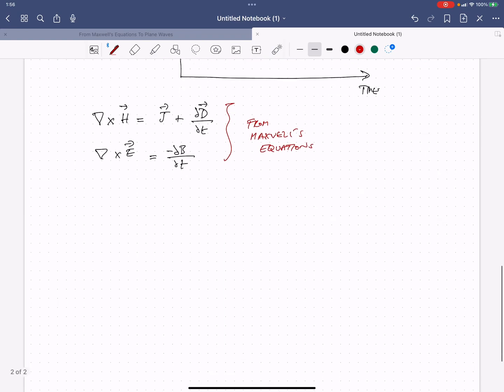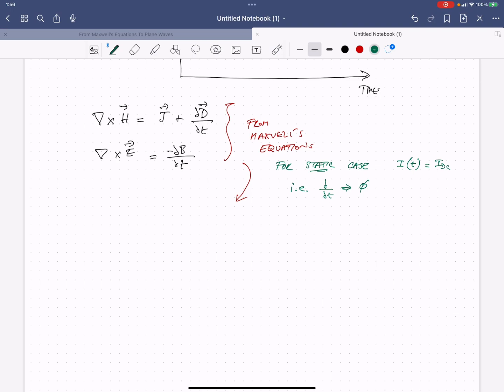Now, let's see what happens when you have a static case. For the static case, current is a DC value. So it doesn't change with time. So basically anything that has a change with time goes to zero.